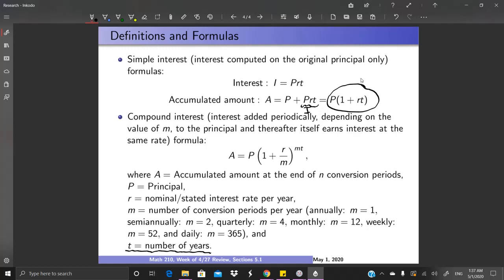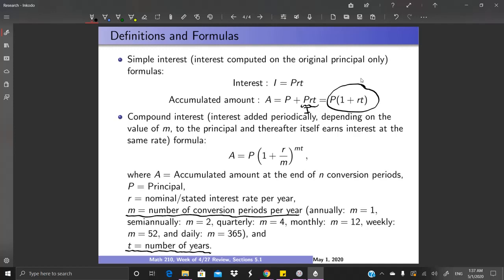And then compound interest. The basic idea behind compound interest is that after whatever the period is, given by this M, the conversion period, imagine adding interest to the principal after that period, getting a new amount, and that's your new principal.